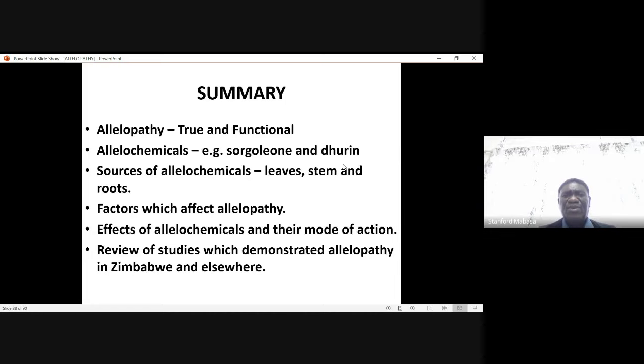Dhurrin is produced from dead sorghums during, probably, I could be right, during decomposition. You may have to check. But sorgoleone is from a live sorghum. Where are these allelochemicals coming from? They are coming from leaves, stem, and roots.